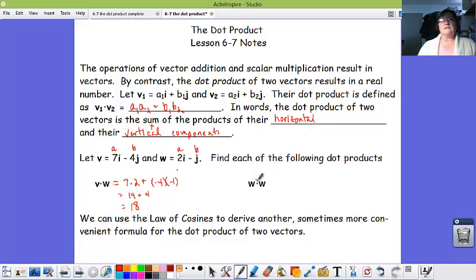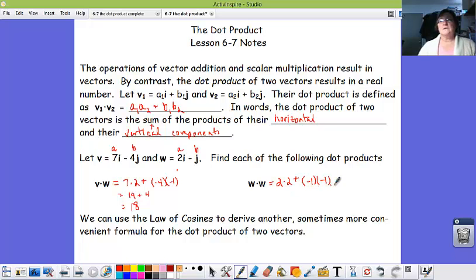It's a little interesting to think about a vector dotted with itself. So this is saying do w dotted with w. And that means that we're going to multiply the two a's, which would be 2 times 2, and the two b's, which would be negative 1 times negative 1. We're going to add those results together.